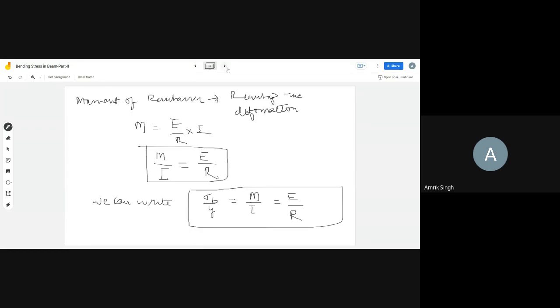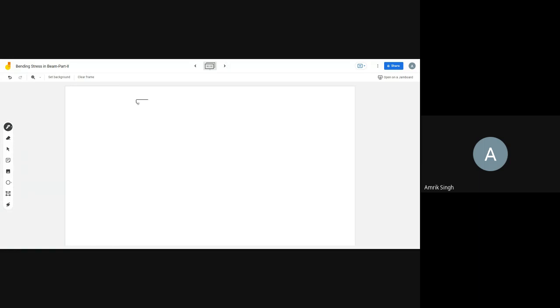So we write from here sigma B is equal to M upon I into Y. So this is a very important equation. So that means the bending stress is directly proportional to Y.